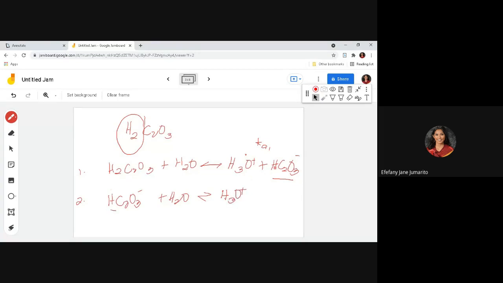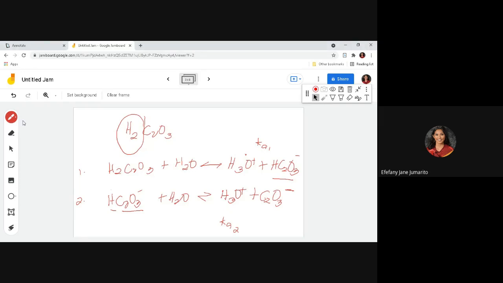Now, class, pareha ra gyud na siya, balik-balik ra gyud na siya: H3O plus, especially if it is an acid, and then the conjugate base. Gihatag na niya ang isa ka H, so we will be left with C2O3 minus. And that will have a Ka2.